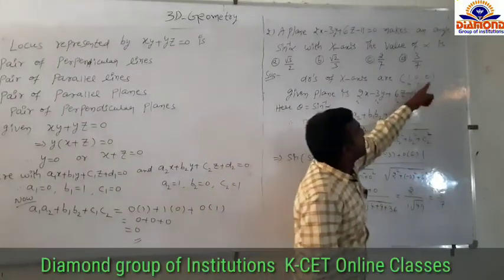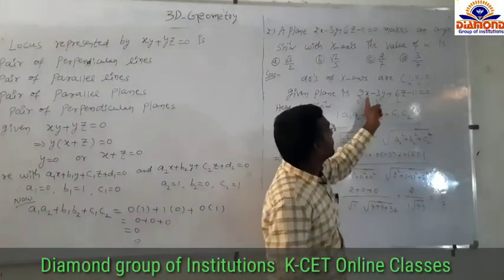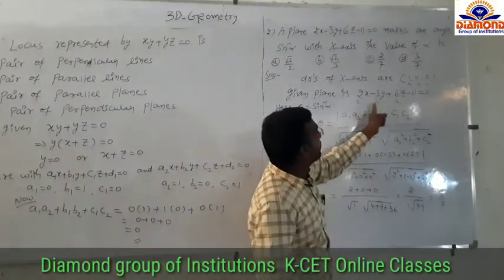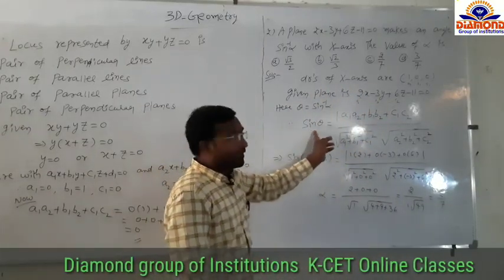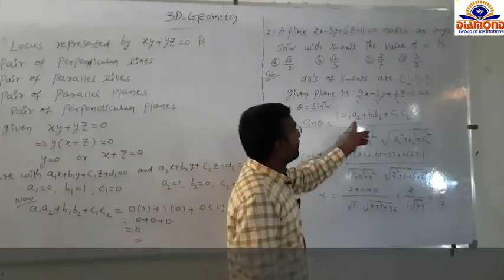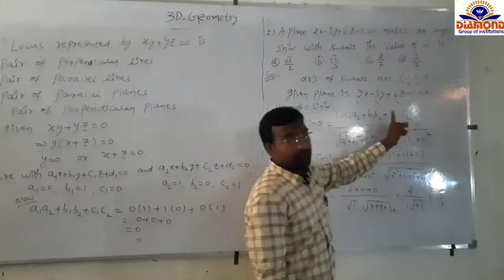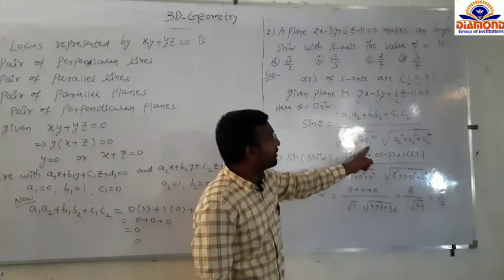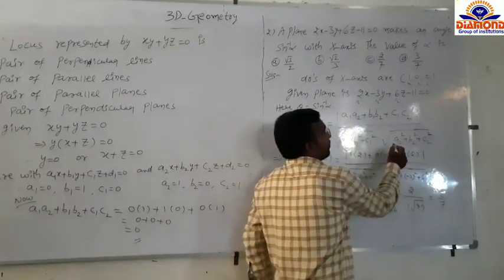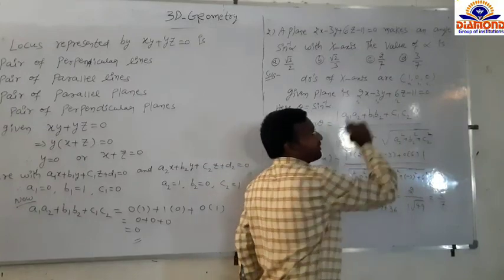So 1 0 0 treat as a1 b1 c1, and the x, y, z coefficients take as a2 b2 c2. So what is the angle between formula? Sin theta equal to modulus of a1 a2 plus b1 b2 plus c1 c2 by root over a1 square plus b1 square plus c1 square into root over a2 square plus b2 square plus c2 square.